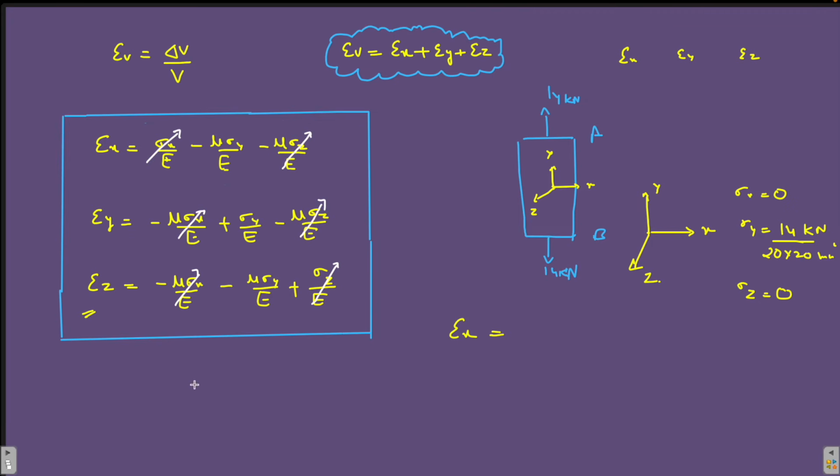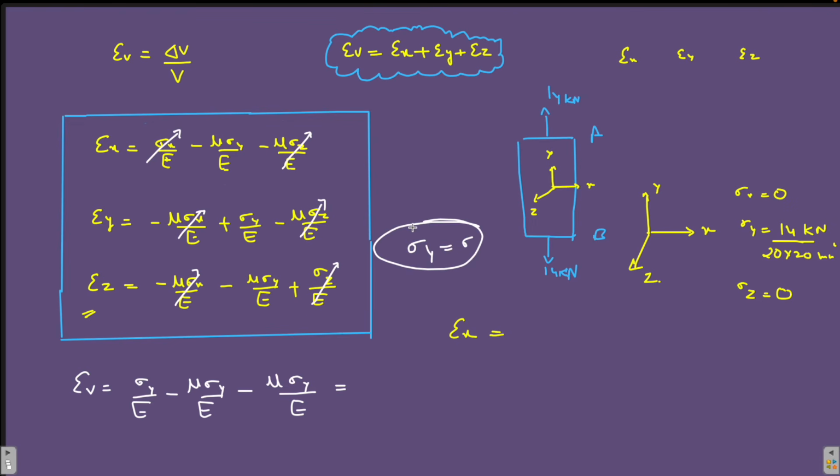Okay, so now what we are going to get, the volumetric strain will be the summation of strain in x direction plus strain in y direction plus strain in z direction, right? So what we are going to get is sigma y by E minus mu sigma y by E minus mu sigma y by E. So instead of writing sigma y by E, I am writing sigma y as just sigma, the stress.